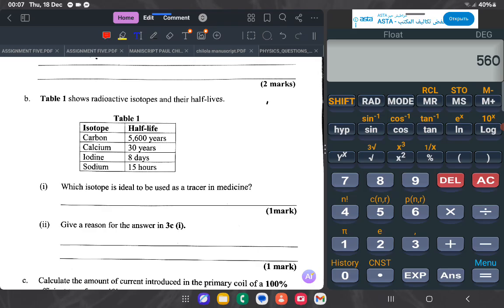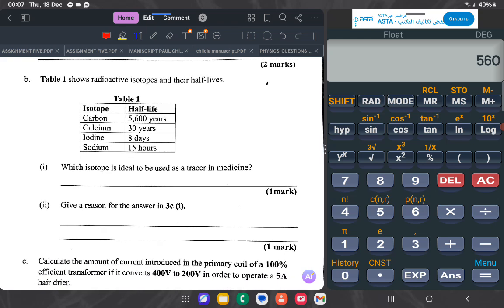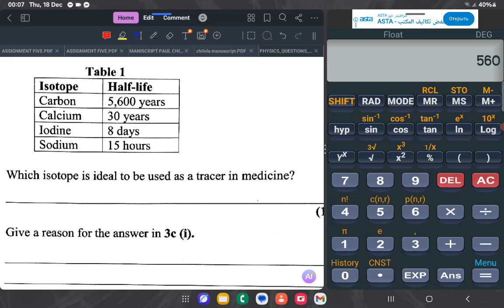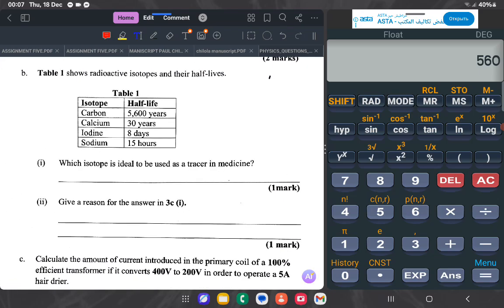Usually, isotopes to be used as tracers must have a short half-life. So all we have to do is look for the isotope that has the shortest half-life. Carbon has 5,600 years, that's too long.